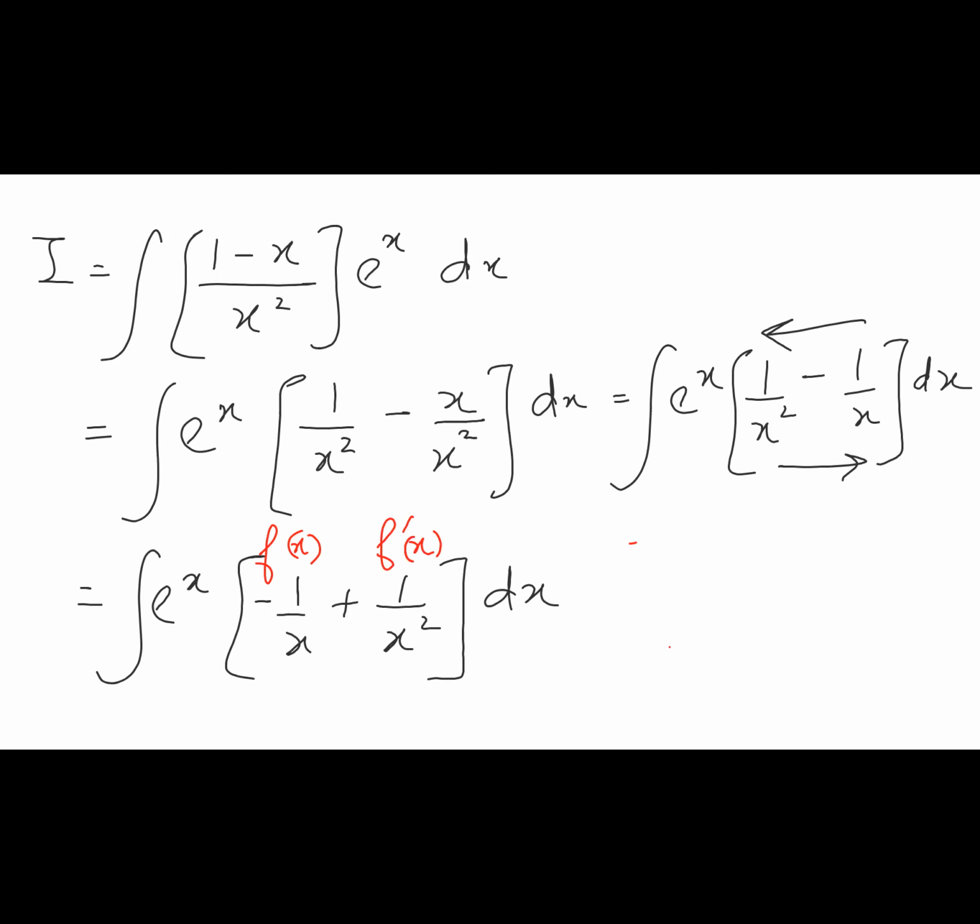See, if f of x is minus 1 upon x, so f dash x is minus, this minus is written over here, 1 upon x derivative is minus 1 upon x square. So this is 1 upon x square.